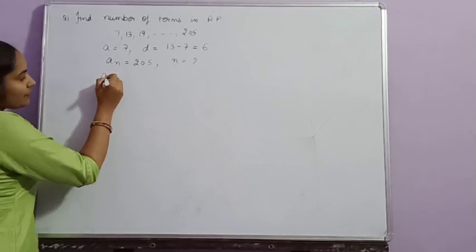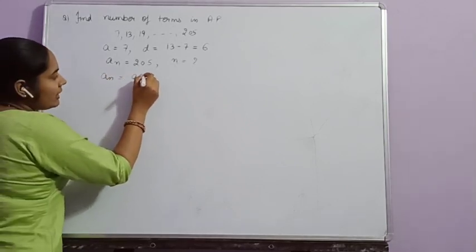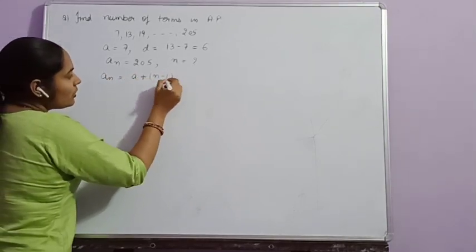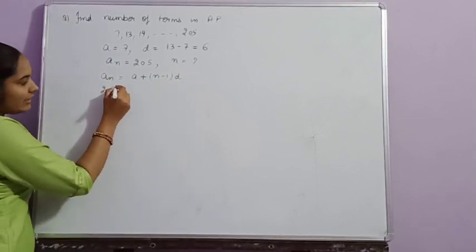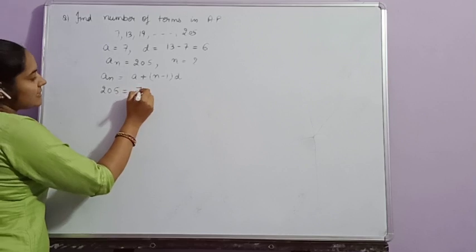And we know that An is equal to A plus n minus 1 into D. Value of An is 205 and value of A is 7.